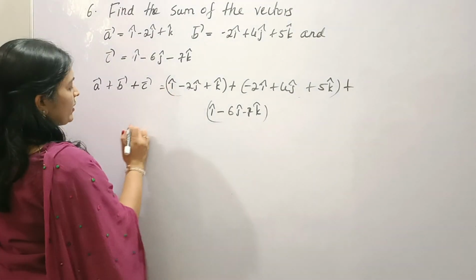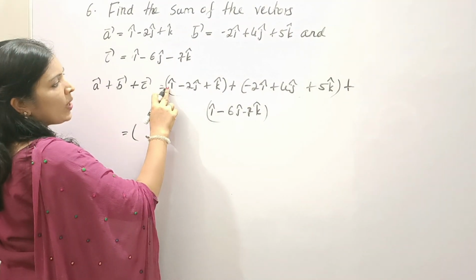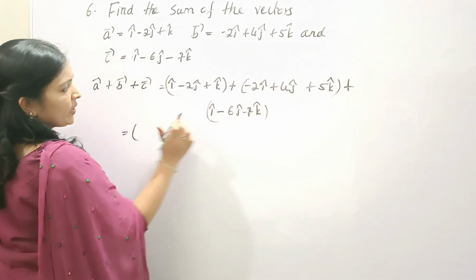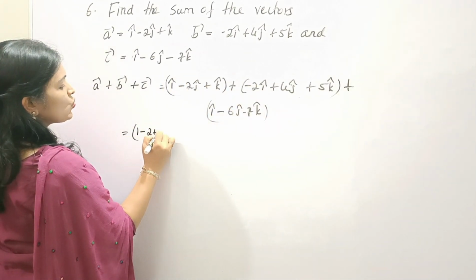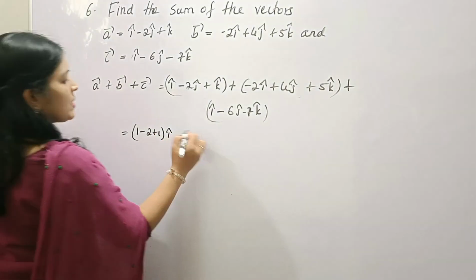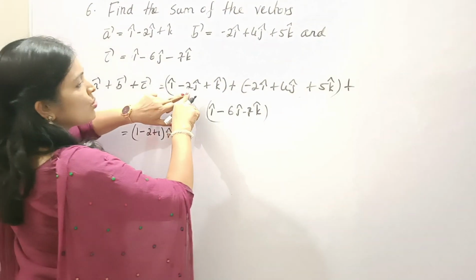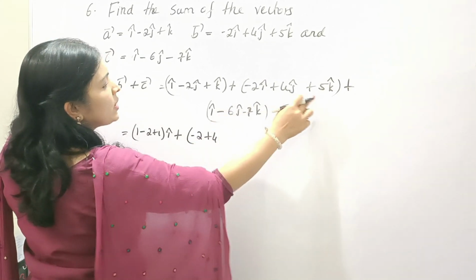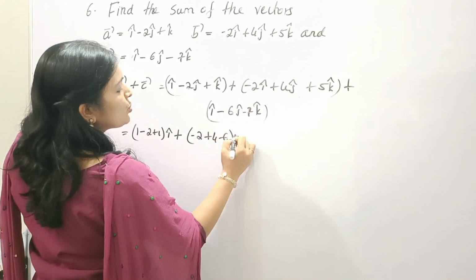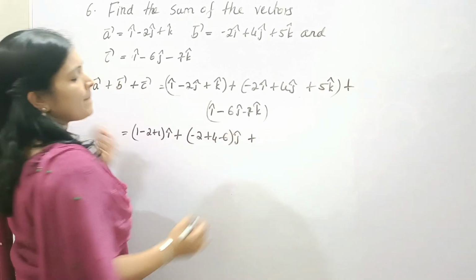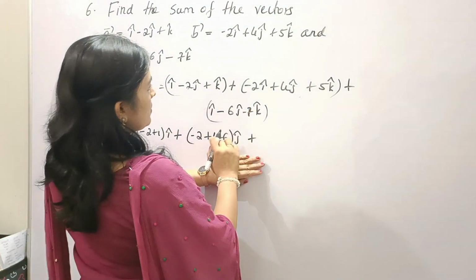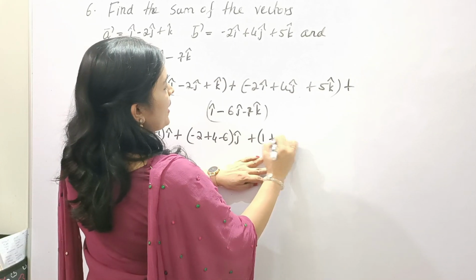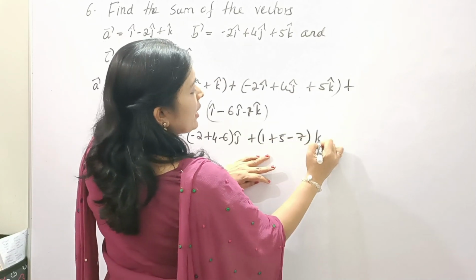The coefficient of i is 1 minus 2 plus 1, into i, plus minus 2 plus 4 minus 6, into j, plus the k coefficient 1 plus 5 minus 7, into k.